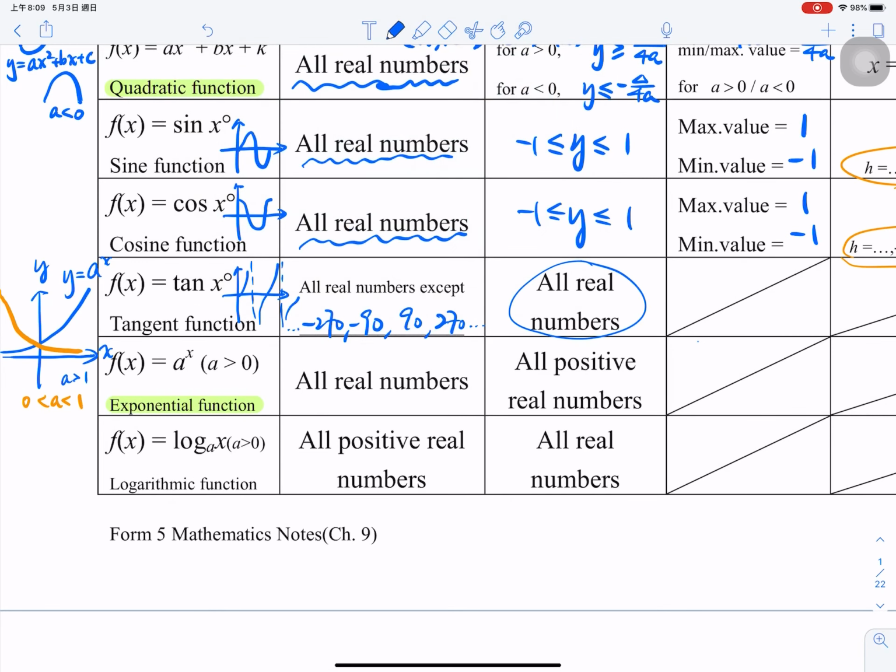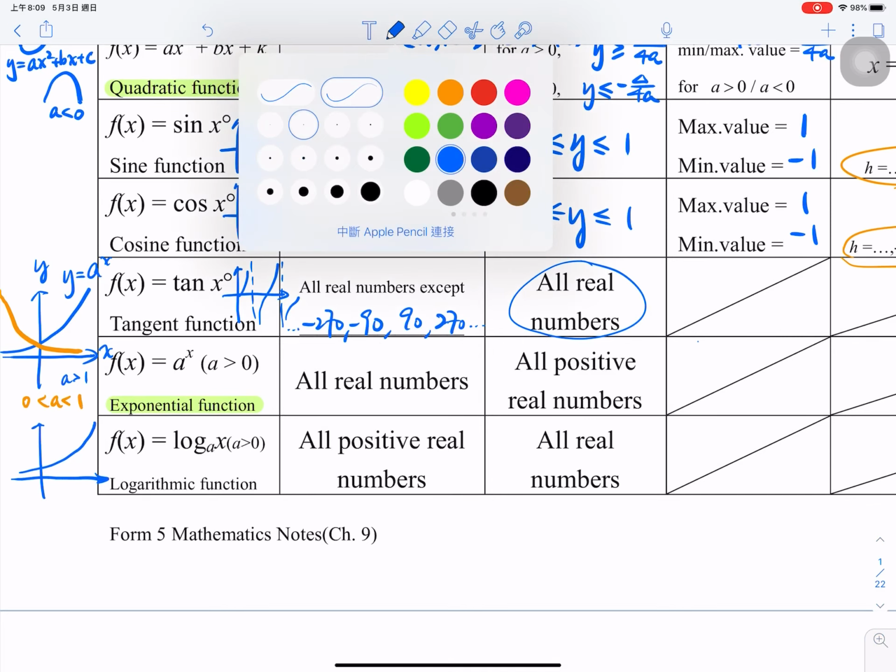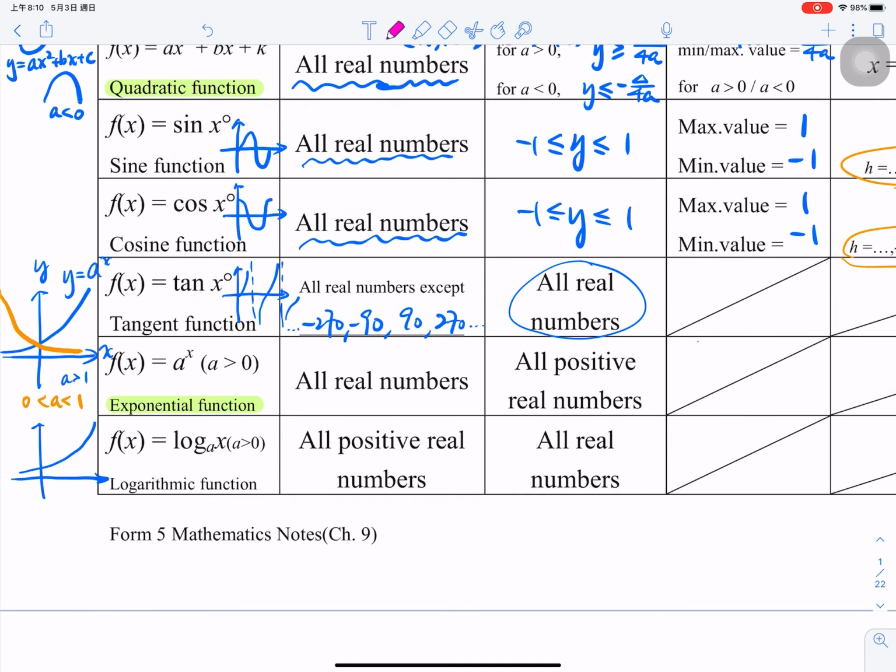And do you remember, if I draw two lines here this time, one is like this, one is like this, number 1 and number 2.